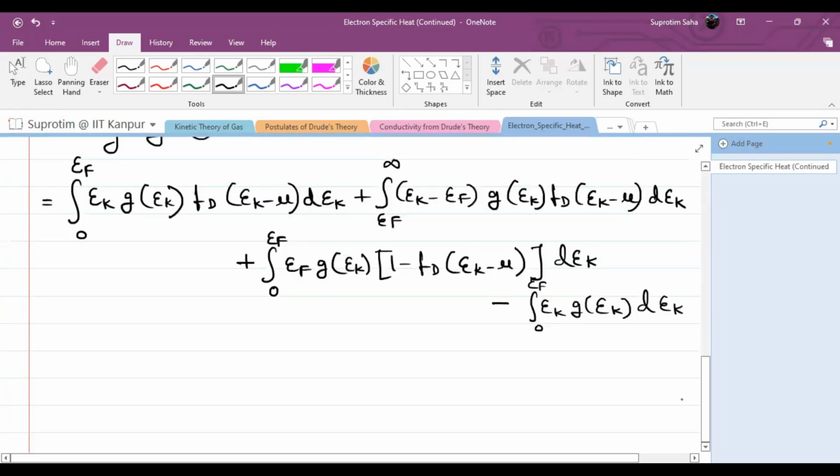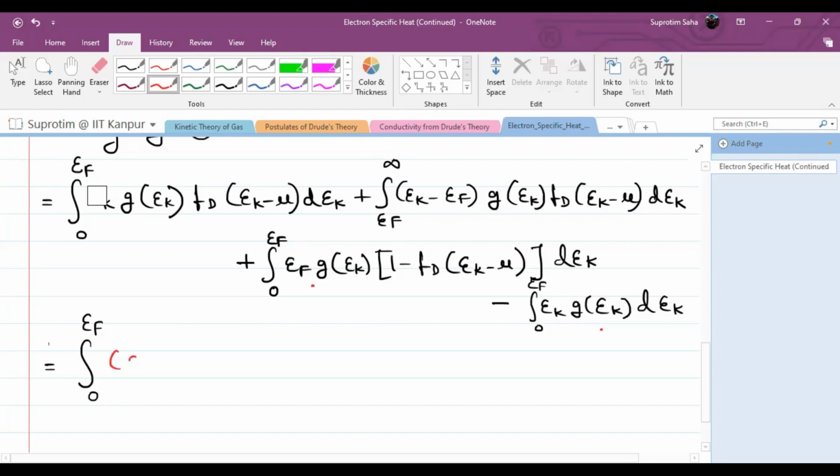So now you'll start to see that there are common terms that we can couple together. If you notice, this is 0 to EF minus EK. So let me point out these terms by putting markers: this term and this term will couple together.